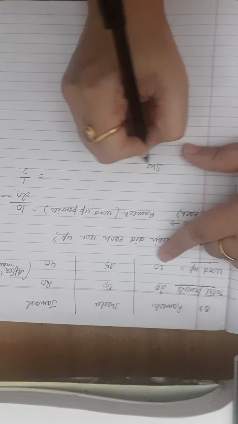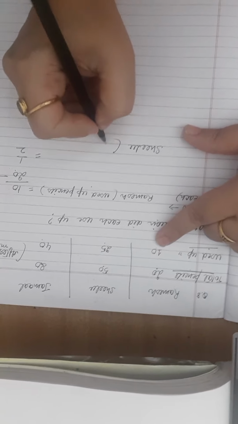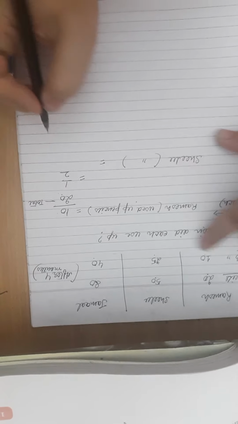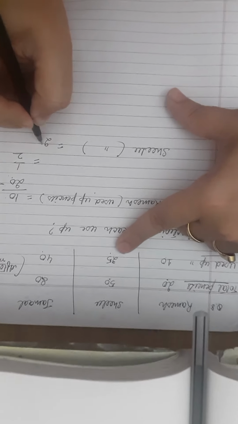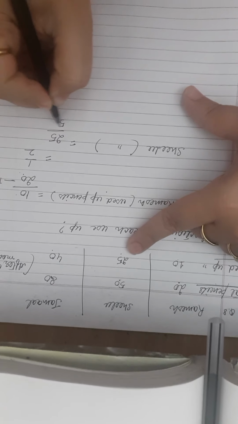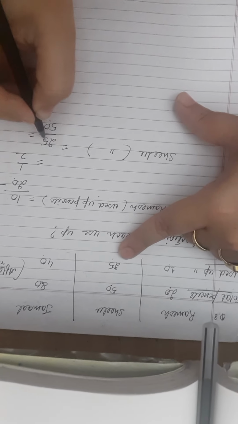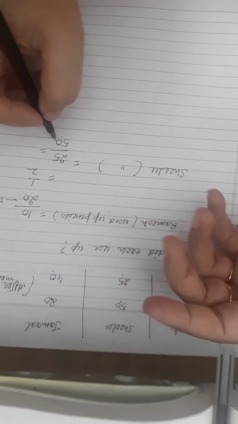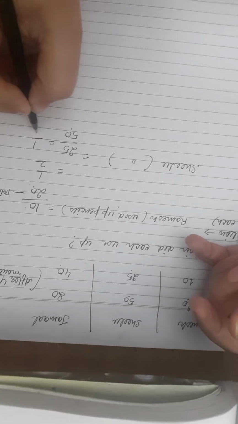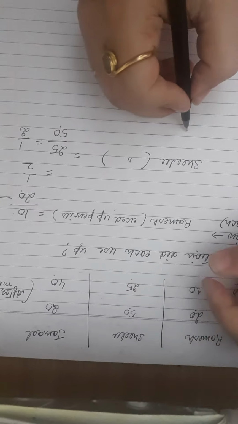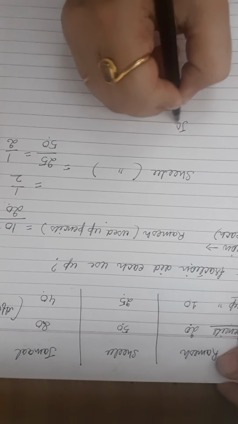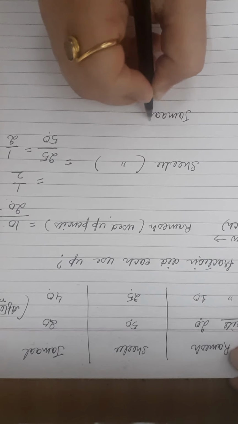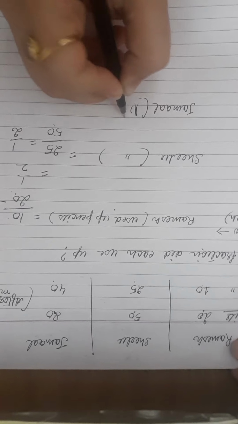For Sheelu, I have to write the fraction of Sheelu's used up pencils. Sheelu used up 25 pencils out of 50. So both the numbers are divisible by 25. 25 ones are 25, 25 twos are 50. Now write the fraction for Jamal. Again used up pencils.